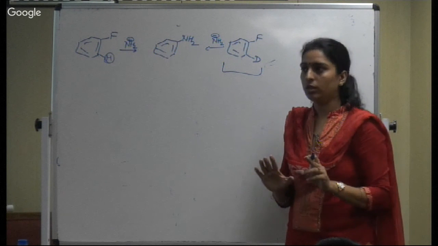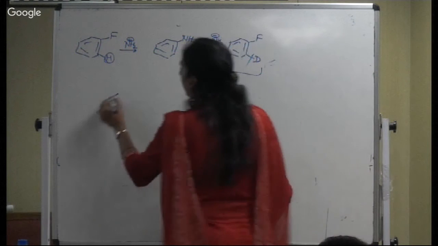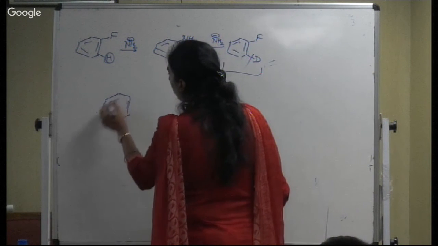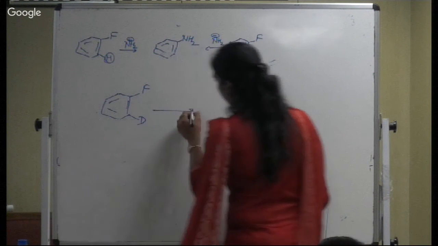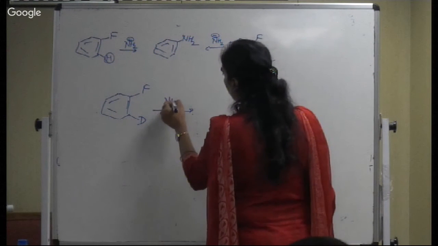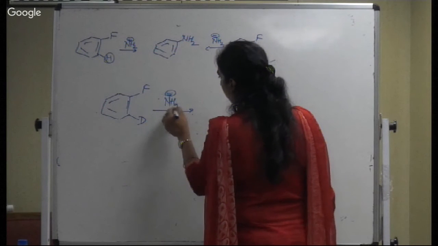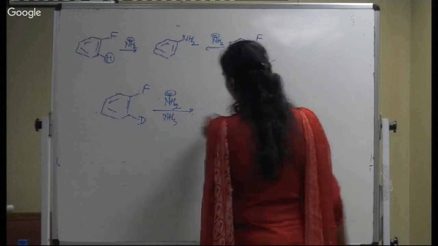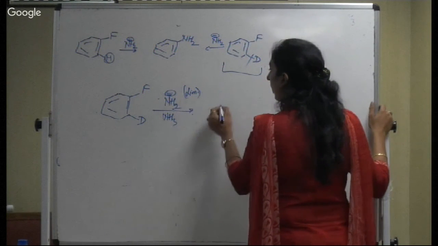That is why this bond is not breaking quickly. Secondly, when the reaction of fluorobenzene was carried out in sodamide in liquid ammonia, this is also limited. We are giving a limited amount.